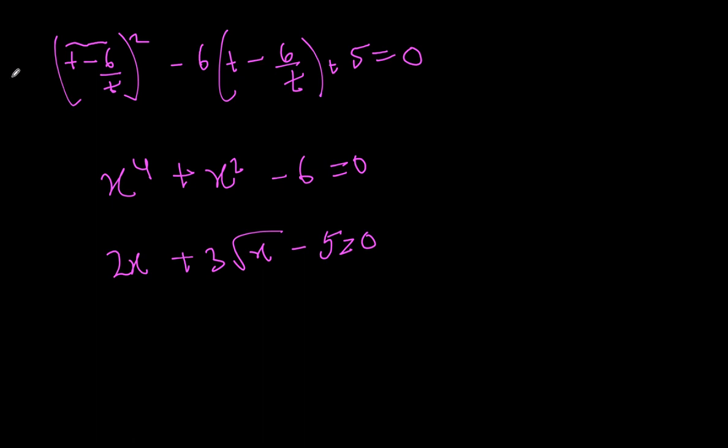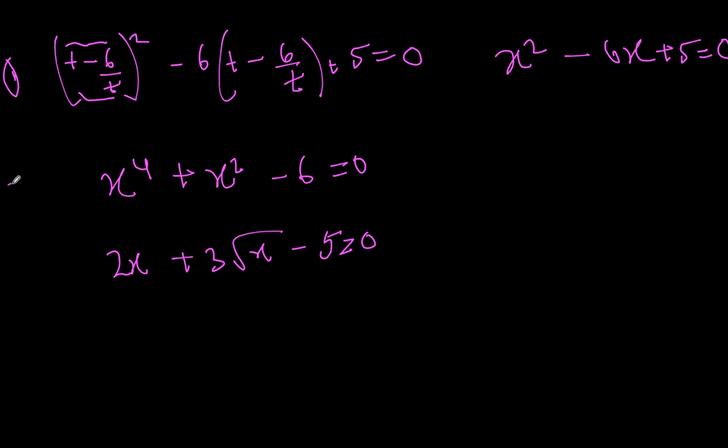But for the first question, if I assume the quantity inside the bracket as x, I can write x square minus 6x plus 5 is equal to 0. So this becomes a quadratic equation and you can solve it.